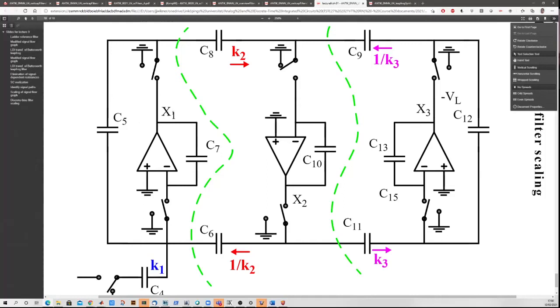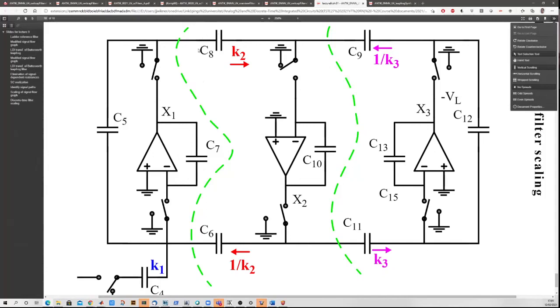So say you have a certain swing on the output of the first amplifier X1 here, and then that's too high or too low before you throw it to the next amplifier C10. Then the strategy is to cut the network according to any electrical principle.